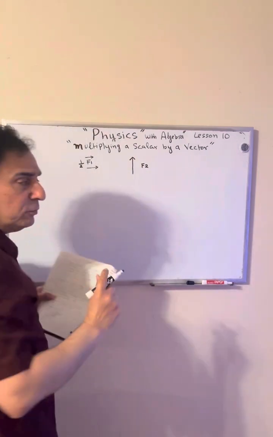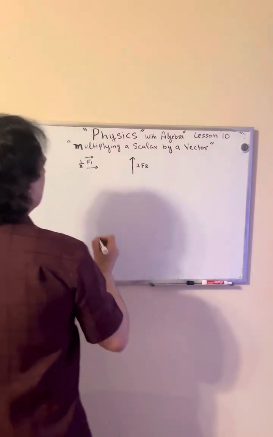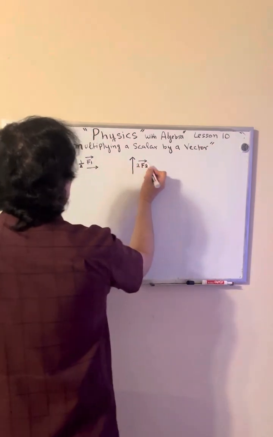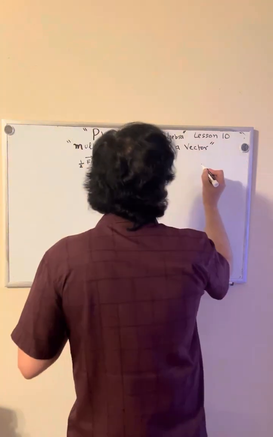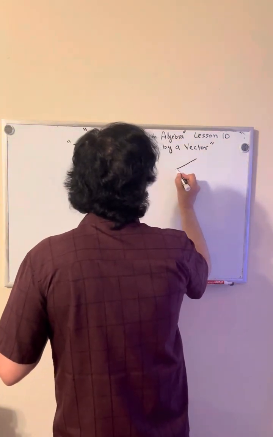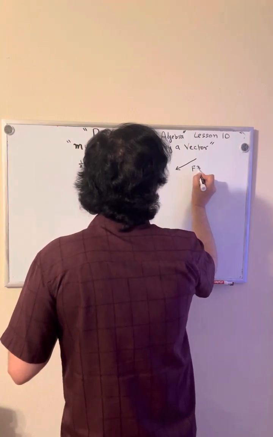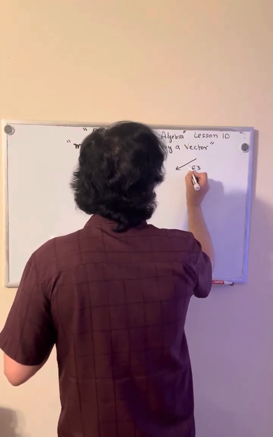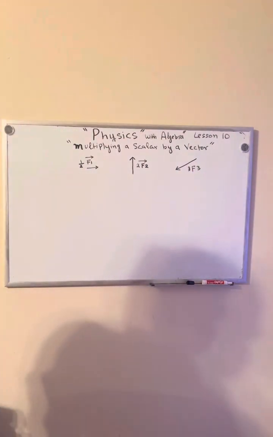The length of this vector is, let's say, 2 meters. So far, so good. Then I have another vector, which is like this. I call this F3, and the length of this is going to be 3. So now we would like to see if we can add them.